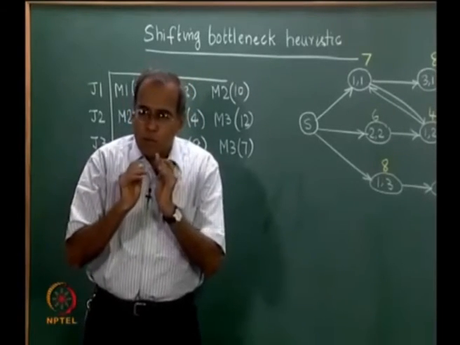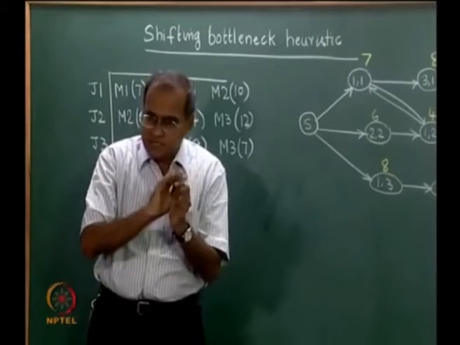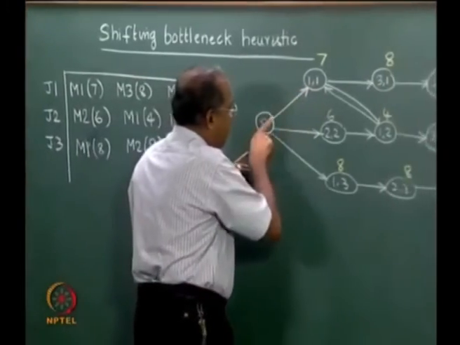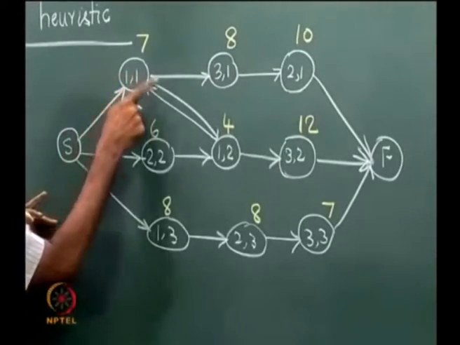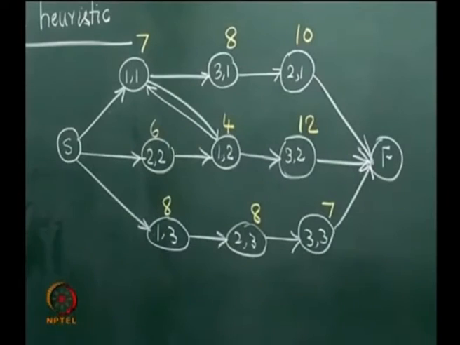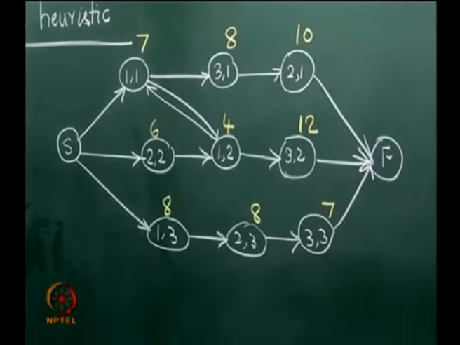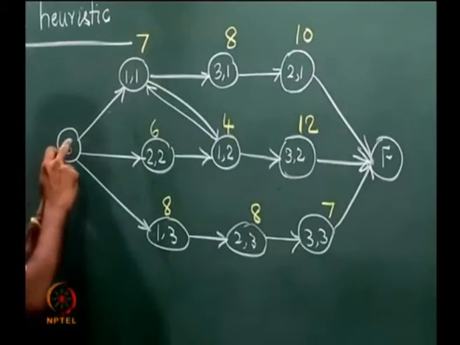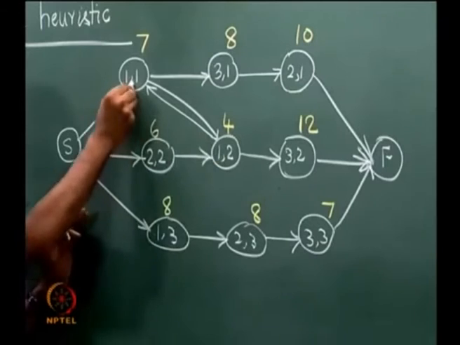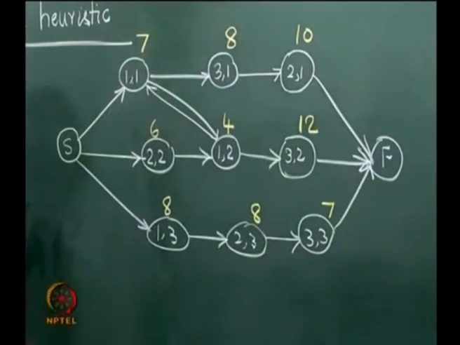If job 1 goes first and then job 2 goes on machine 1, the flow will go from job 1 to job 2 and continue. If job 2 is going first and job 1 is coming later, the arrow will move from job 2 towards job 1 and then proceed.